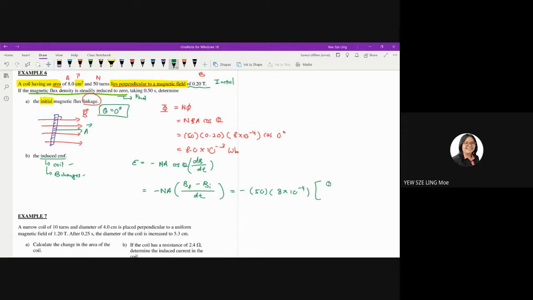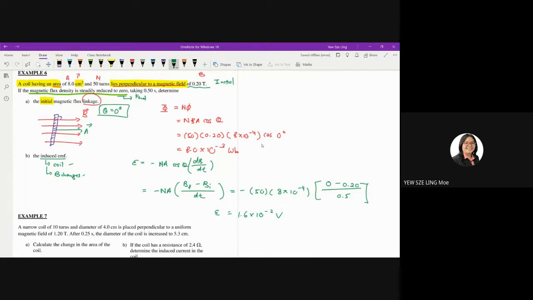So 0 minus the initial value, which is 0.20, divided by time taken, 0.5 seconds. All right. So the answer is then equal to 1.6 times 10 to the power of negative 2 V. Induced EMF is 1.6 times 10 to the power of negative 2 V.